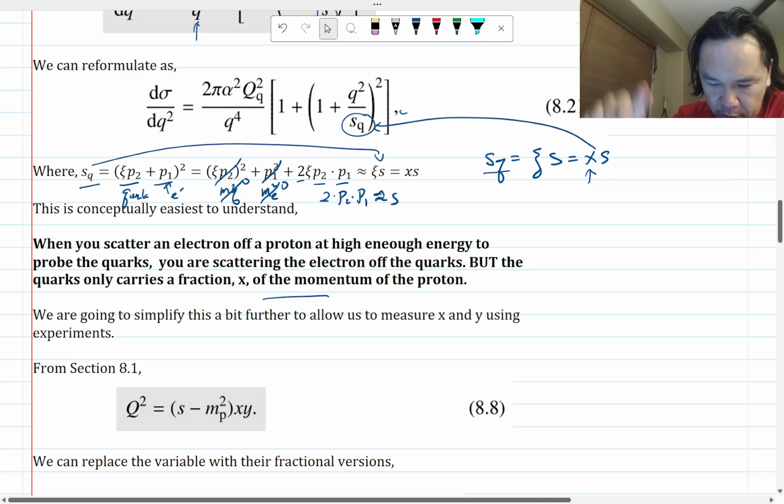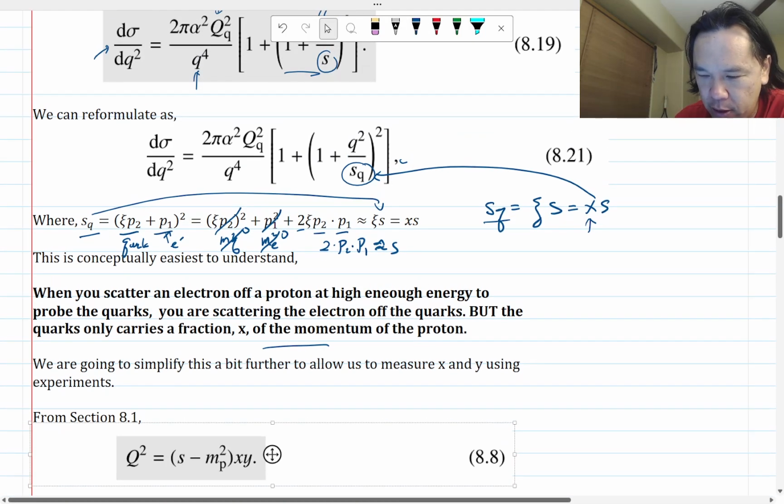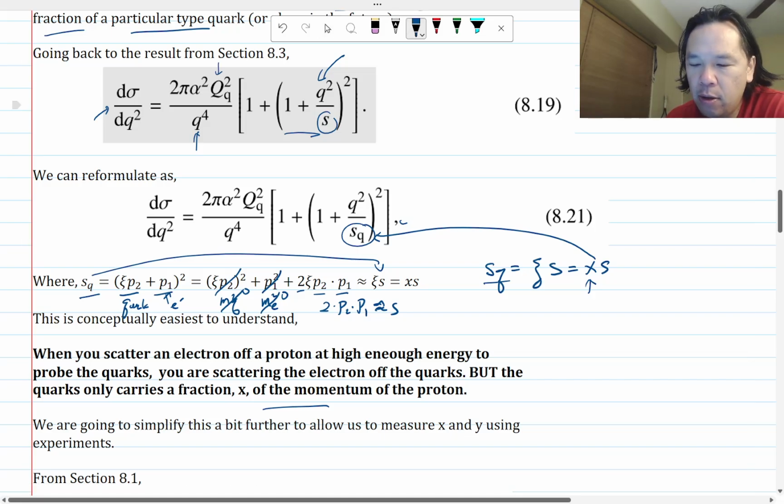This formula is the easiest to understand conceptually. We did this whole calculation with quark-electron scattering and found this formula up here.